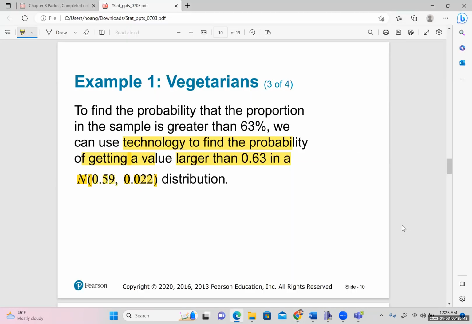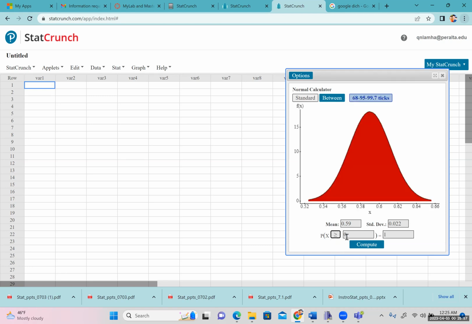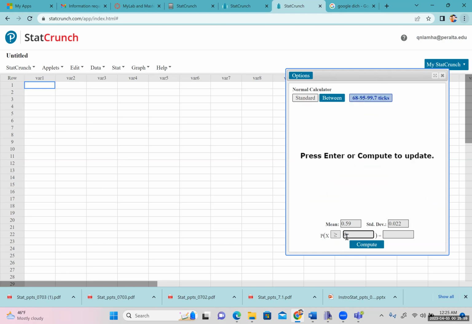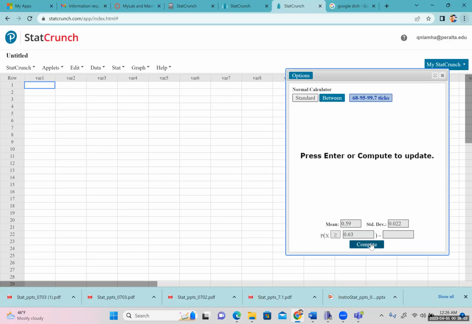And then we want a value larger than 0.63. So larger, you should remember, means greater than, right? So 0.63. All right, compute.